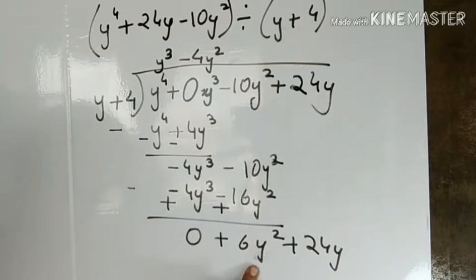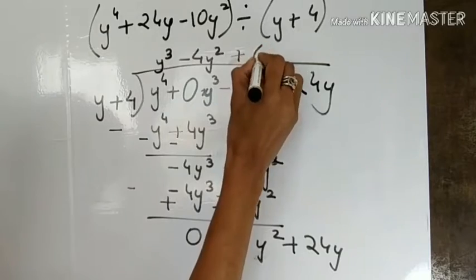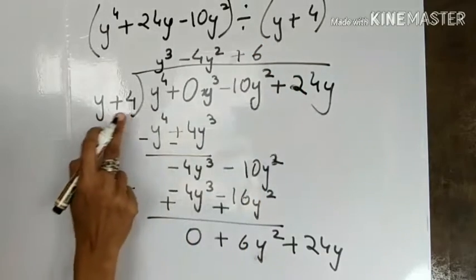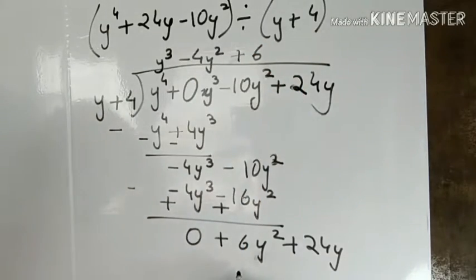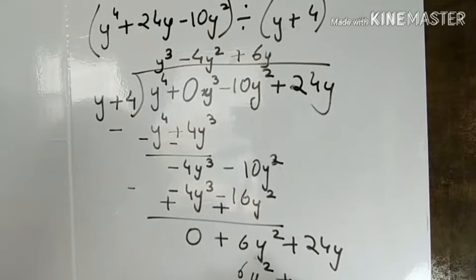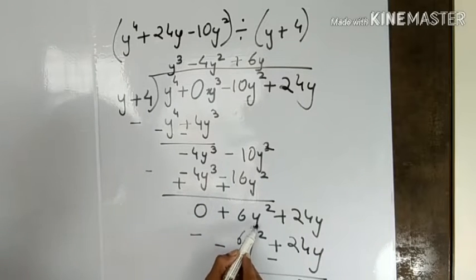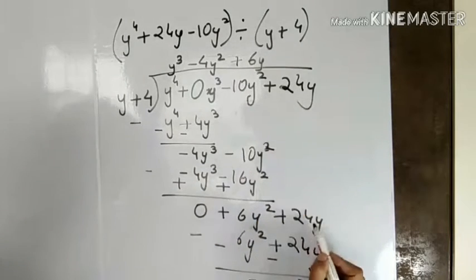I have here y, I need here y square and a 6. So I'm going to multiply with plus 6. Now this 6 you have to multiply with both the terms. So that gives me 6y square, which I'm going to write below the square term, and then plus into plus is plus. It gives me 6 4s are 24y. So once I have this 6y square plus, get the next term below, that is 24y.